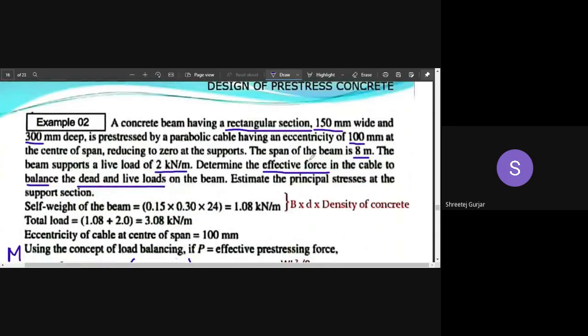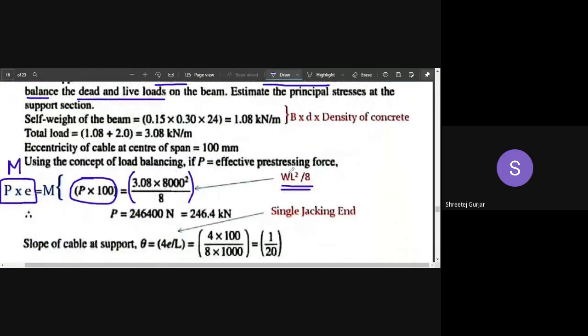Here it is a parabolic cable, and whenever it is a parabolic cable, this is your balancing moment which is generated. Whenever we apply a pre-stress, this cable applies an upward vertical force to the concrete. This particular vertical force can be analyzed as a UDL, and that value is WL squared by 8.